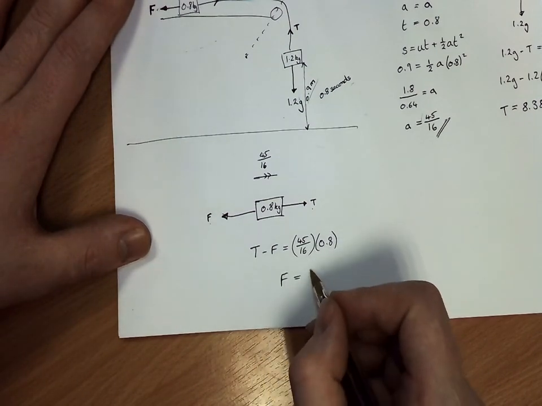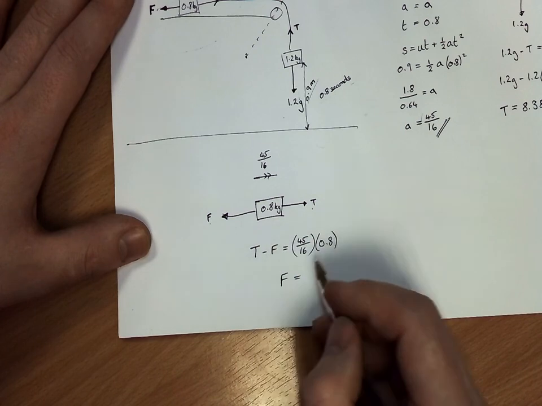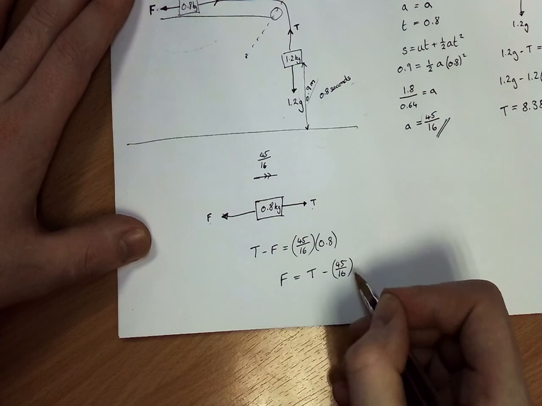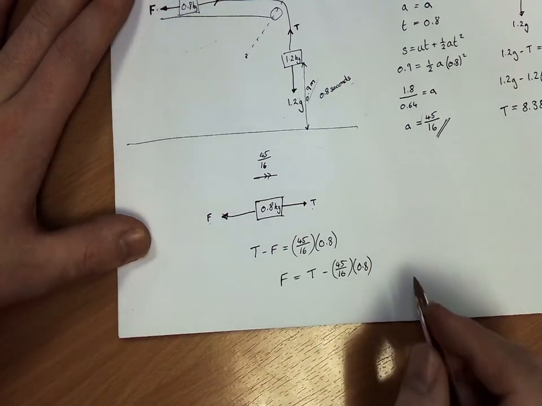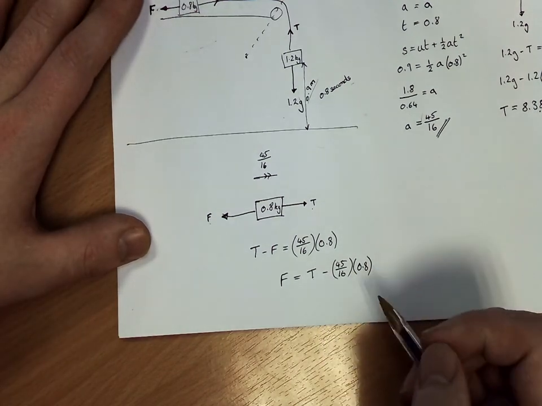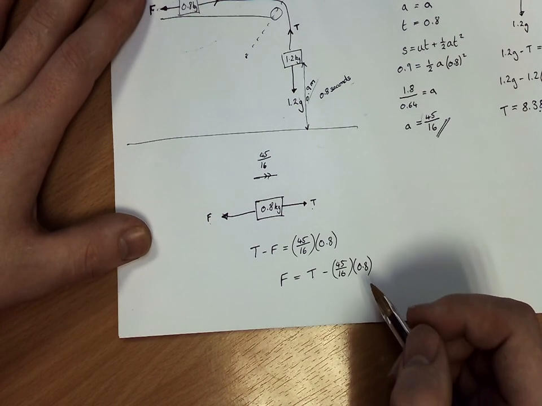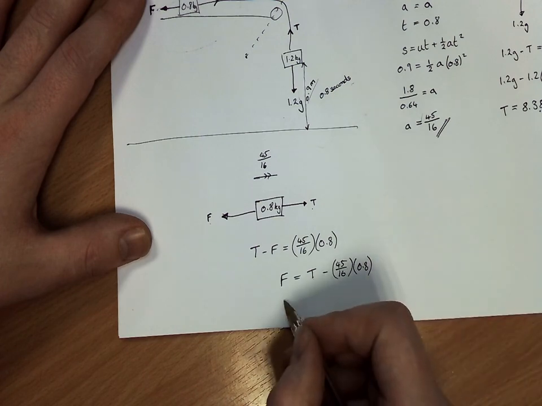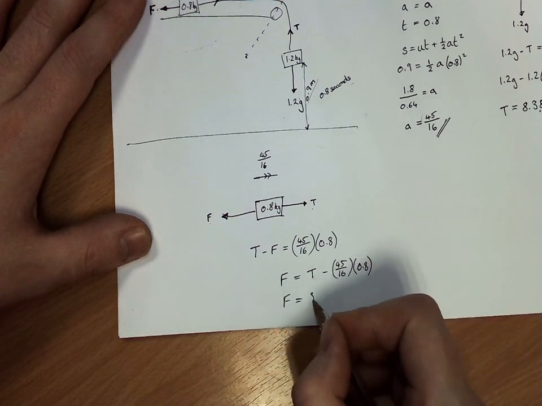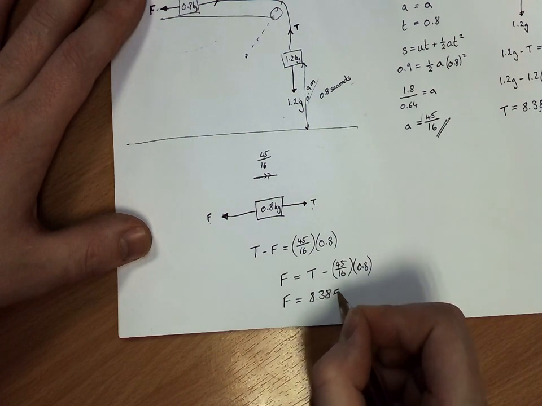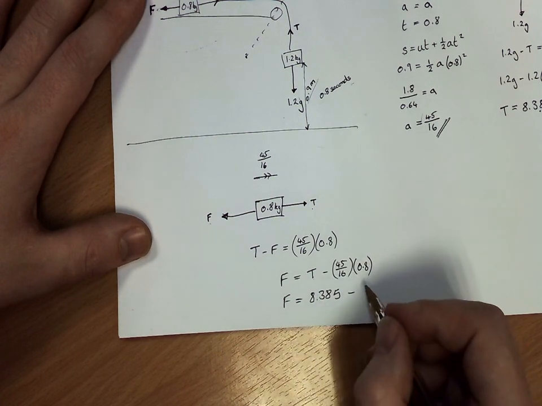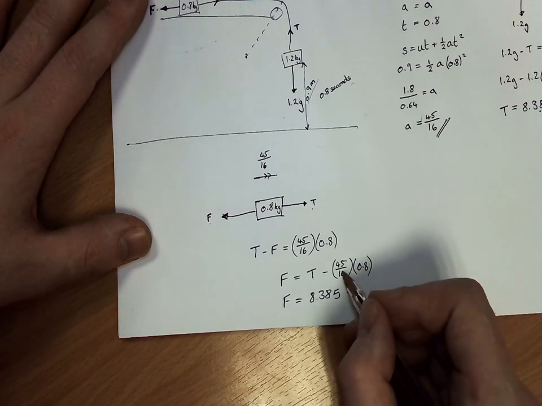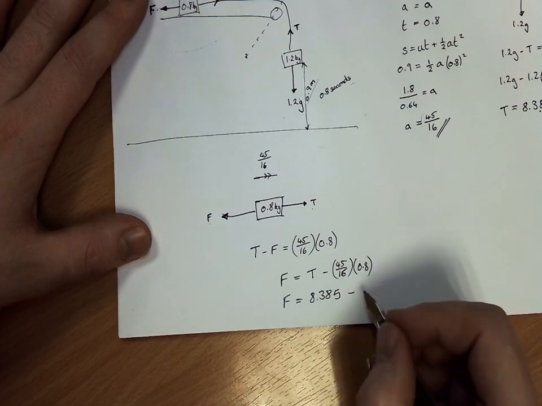Rearrange this to make F the subject. F equals T minus 45/16 times 0.8. Substitute our value of T in here and type that into a calculator, and we're going to get that F equals 8.385 minus, that was just 8/10, so that's 16, 8/10, that cancel.